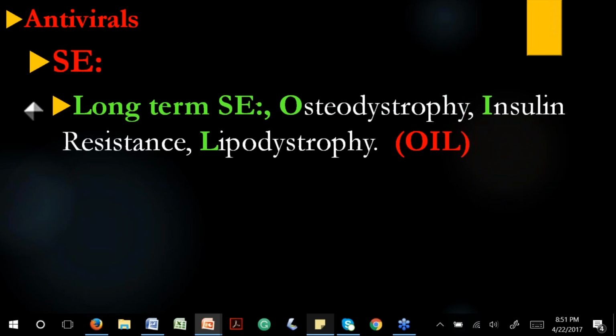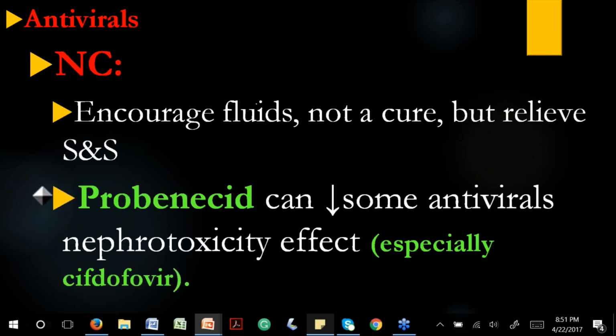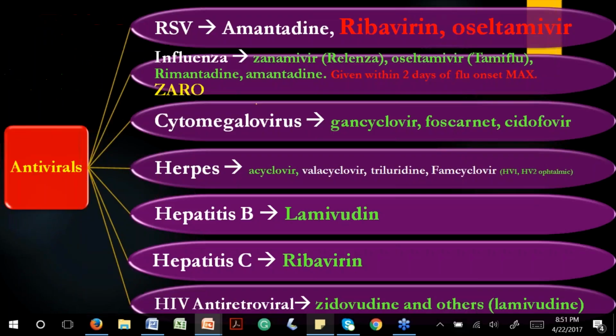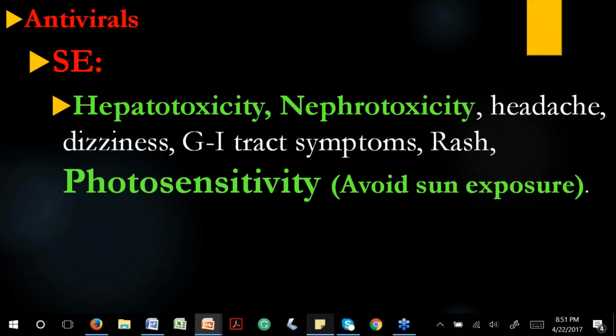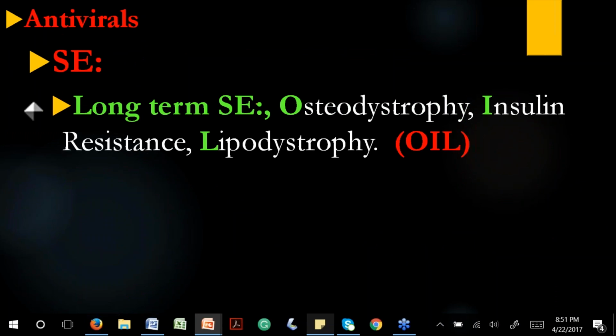Then we have the long-term side effects, and this is extremely important too for a question on the NCLEX. You need to remember the mnemonic OIL for long-term side effects. That is osteodystrophy. Please remember that osteodystrophy can include, for example, osteoporosis.